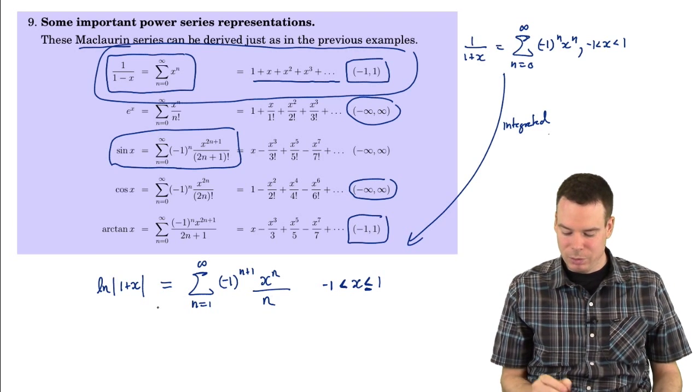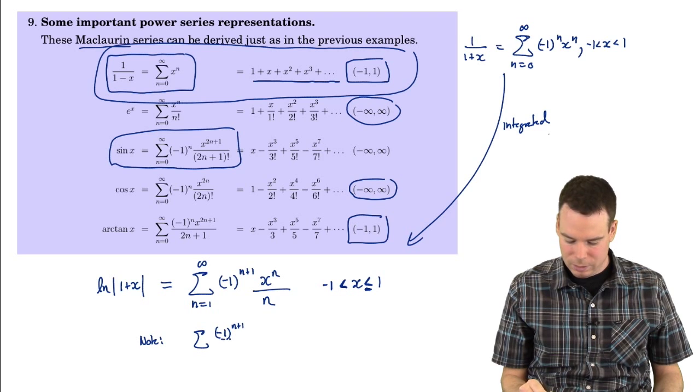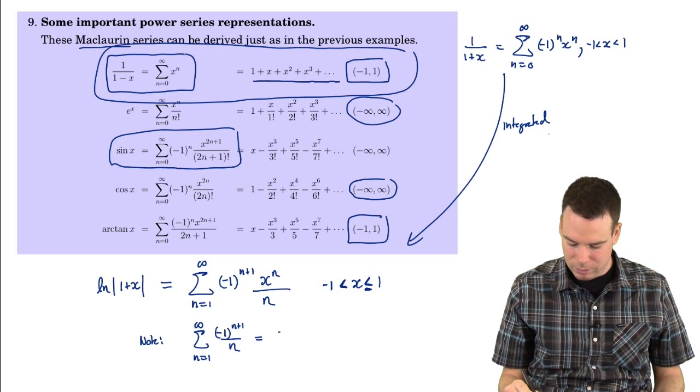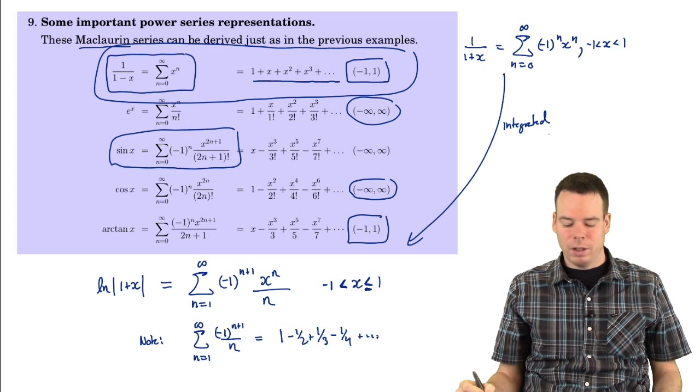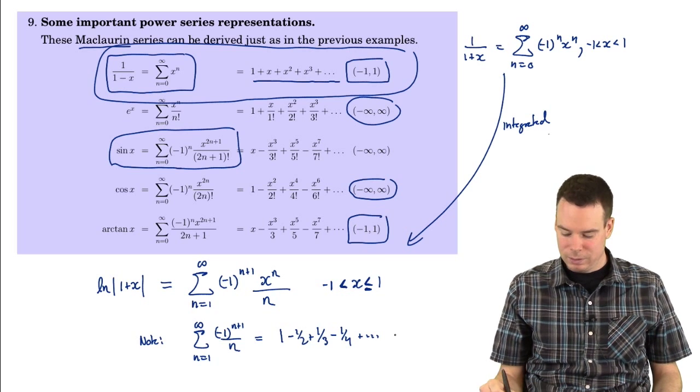What's interesting about this is that we now know the alternating harmonic series, n equals 1 to infinity, which is, work out the values here, 1 minus 1/2 plus 1/3 minus 1/4, and so on, converges to the logarithm of 1 plus x.